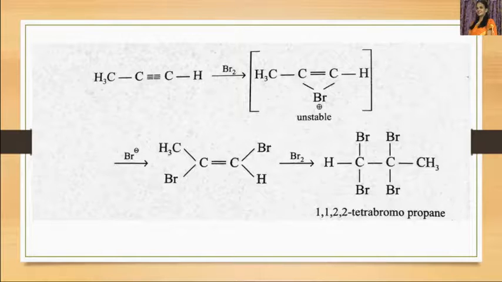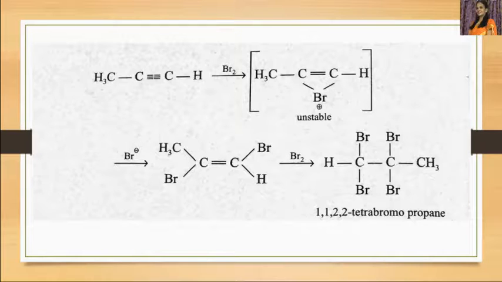Thus, two more C–Br bonds are produced, and we get a tetrahalo compound. So here we started with propyne. When we start with one molecule, two molecules of bromine, Br2, get added to the C≡C to form finally 1,1,2,2-tetrabromopropane.